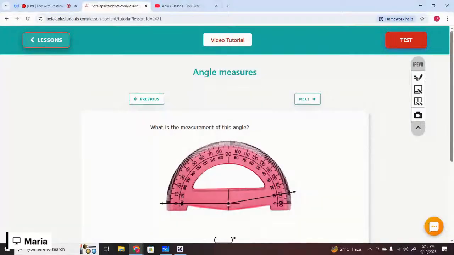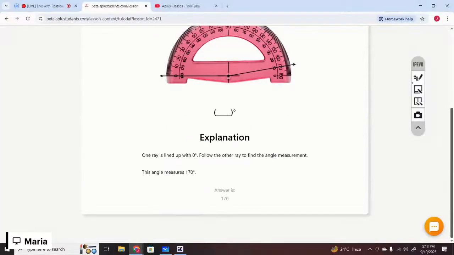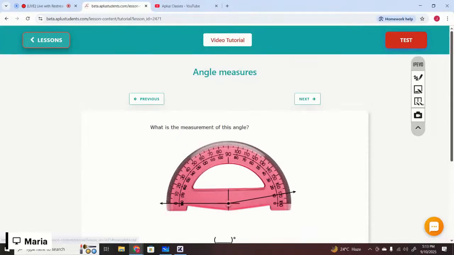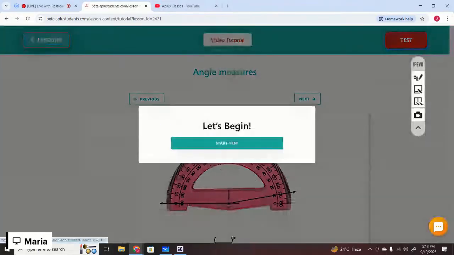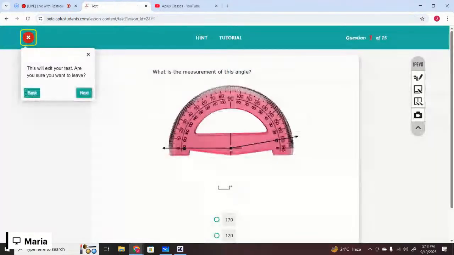Let's just start with the test questions. What is the measurement of the angle?